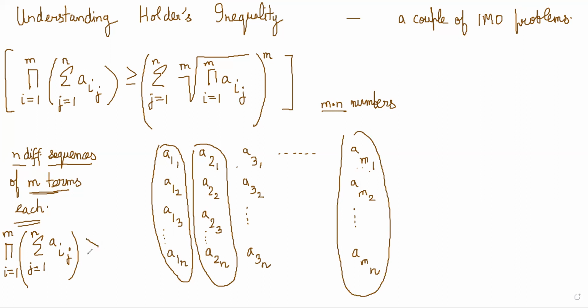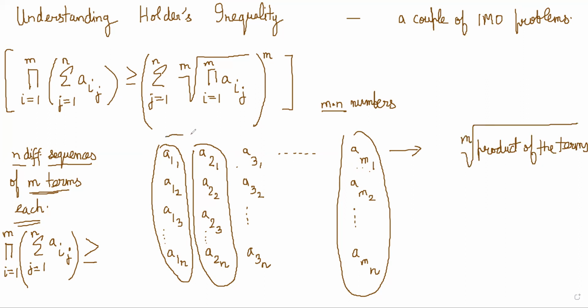Now, this is actually greater than or equal to the quantity that we get when we take the row elements, each row's elements, do a product of the terms and take the mth root.